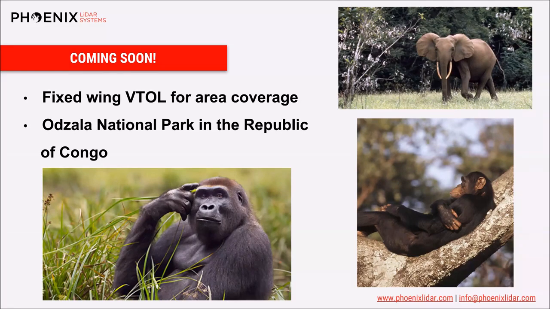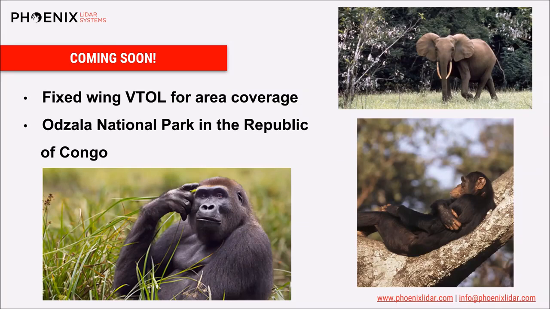A good way to do that is with a fixed wing aircraft, but because we operate in really rugged, sometimes very remote environments, we need VTOL capability. So we've partnered with a company called Carbonics in Australia. They make high performance VTOL UAVs. I can't go too much into the details because we're actually developing it with them, and we're under non-disclosure agreements.